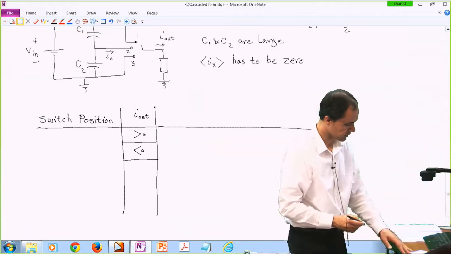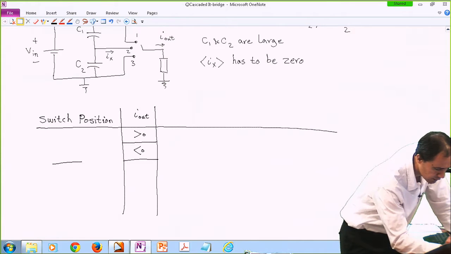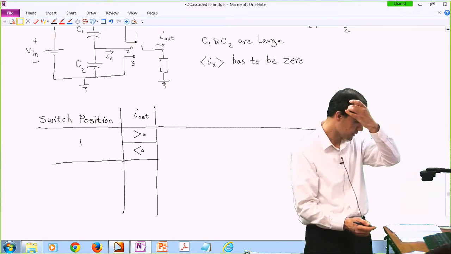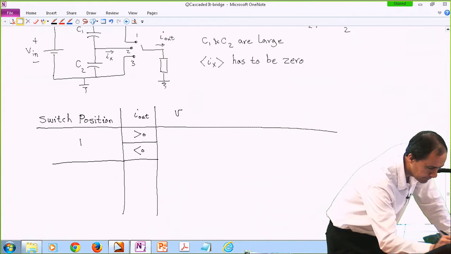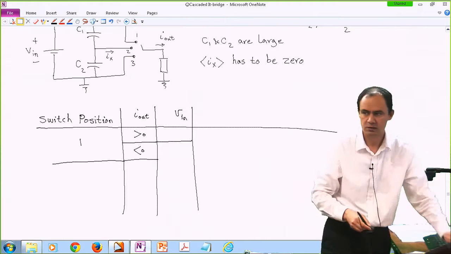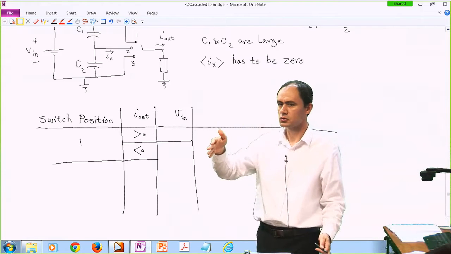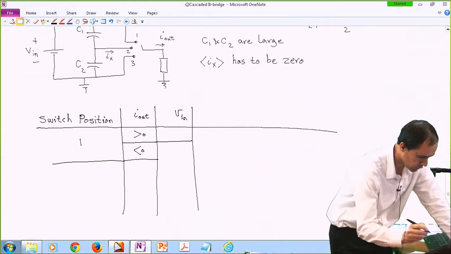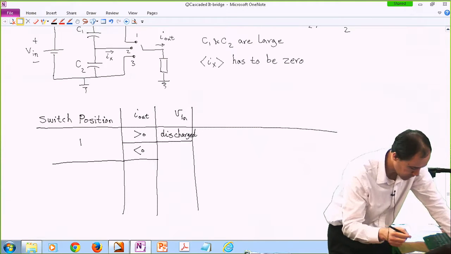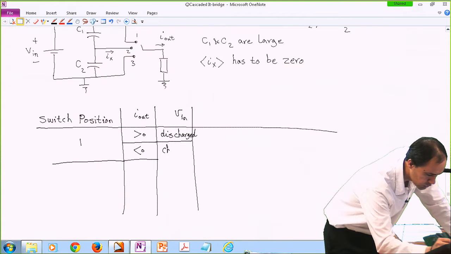It could be positive sometimes, it's negative sometimes. And we are in position 1, meaning that the top throw is engaged. What happens to the input voltage? So obviously if the output current is positive and the top throw is engaged, the power is coming out of your source and going to the load. So your input voltage source is being discharged. And when the current is negative, it's being charged.